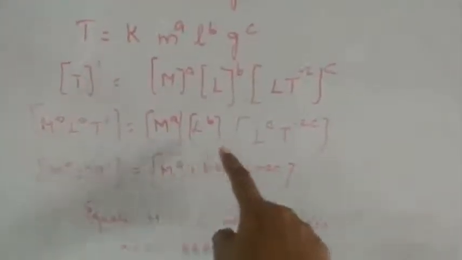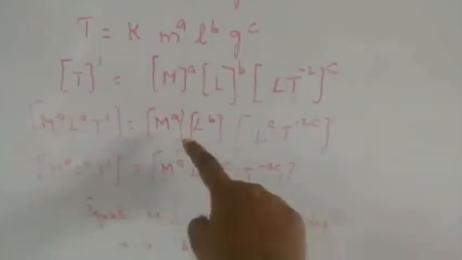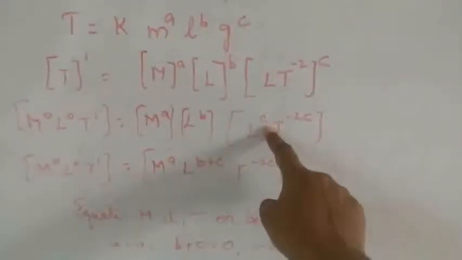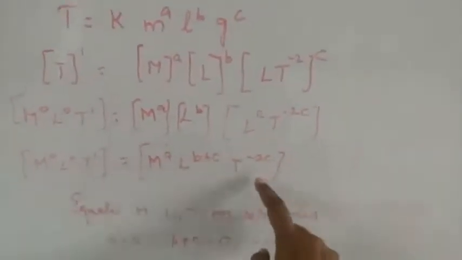Now I'm going to rewrite this equation as m power a, l power b plus c, t power minus 2c. Now equate the powers on both sides.